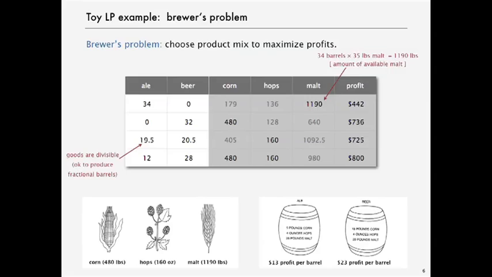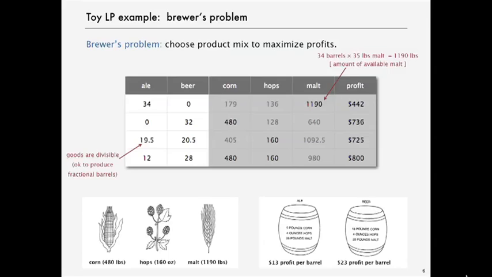That would use up all the hops, the 160 ounces of hops that you've got. So that's restricted by the number of hops, and also uses up all the corn that you've got. And if you do 12 times 13 for the ale and 28 times 23 for the beer, you make a profit of $800. So out of these alternatives, that's the one you're going to choose. Make 12 barrels of ale and 28 barrels of beer, and you're going to maximize your profits.